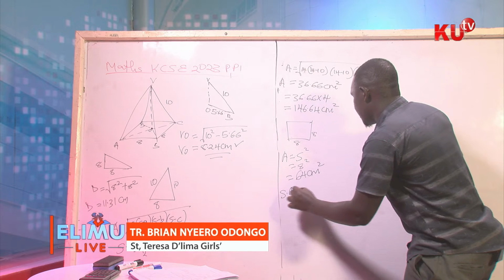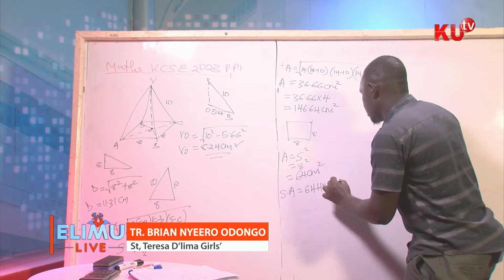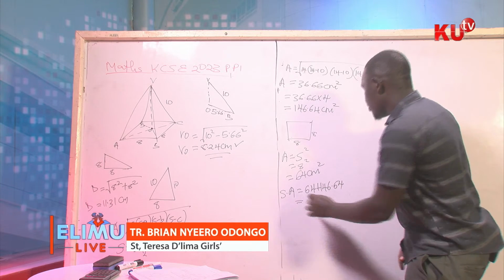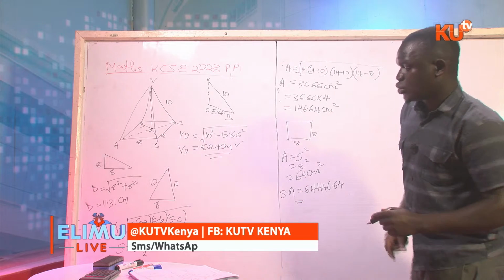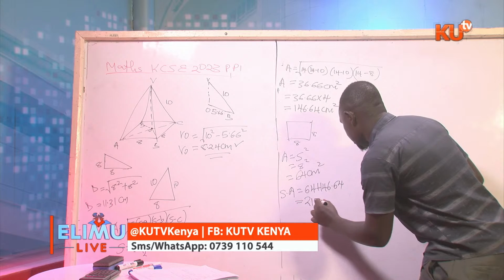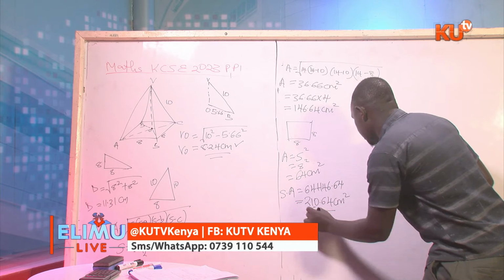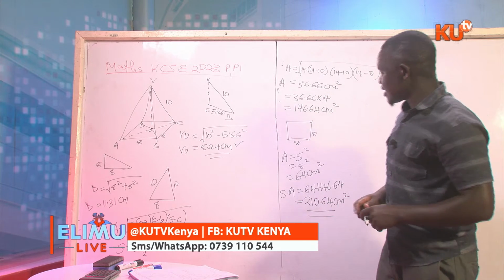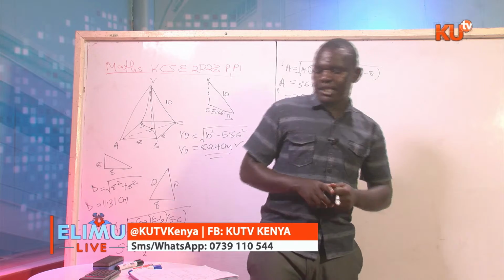So the surface area of that figure will be 64 plus 146.64. When you compute that, you'll be getting 210.64 square centimeters. So that is the surface area of that solid, dear students.